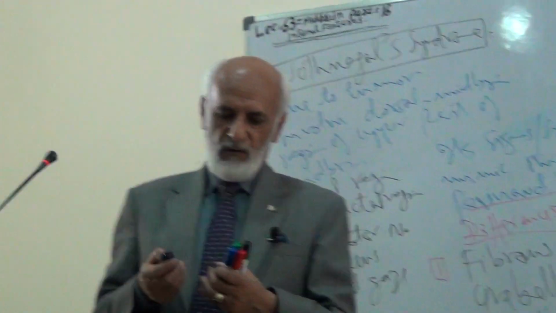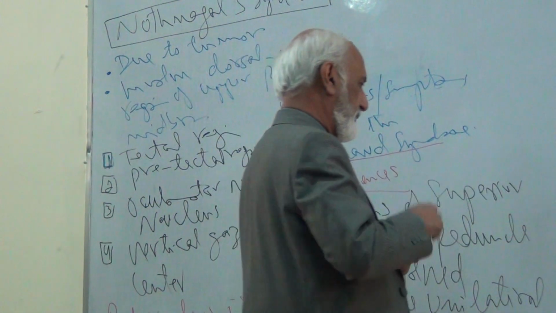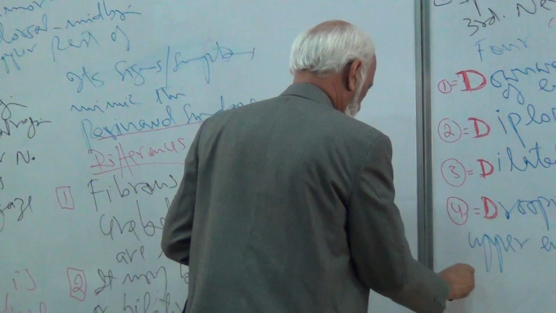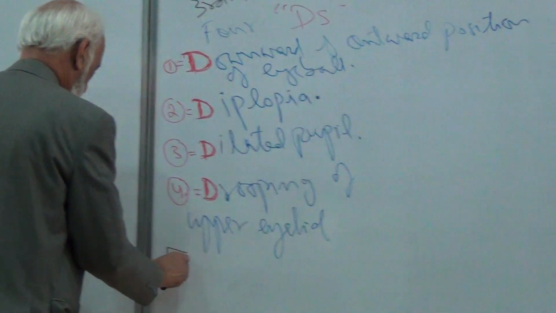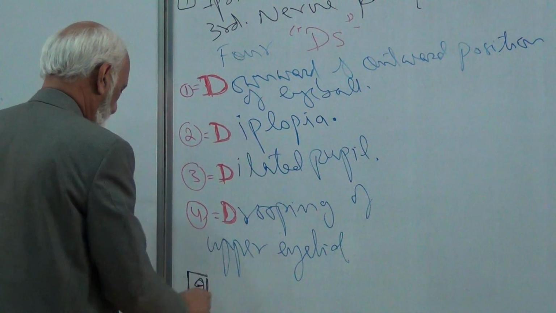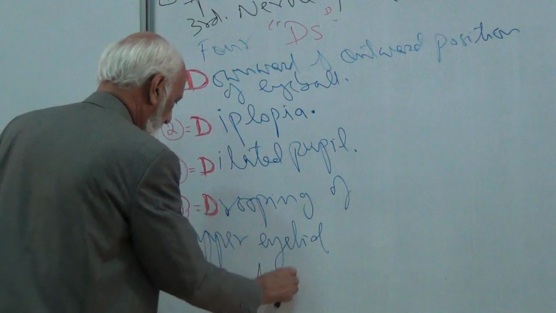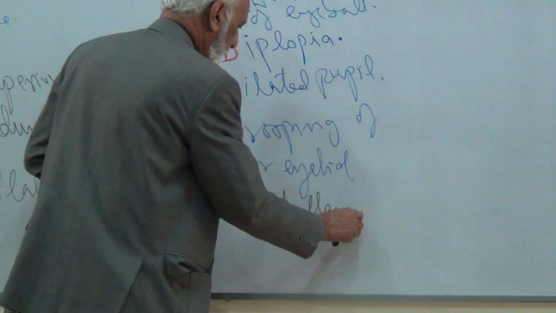So because of involvement of the superior cerebellar peduncle, it results in cerebellar ataxia.